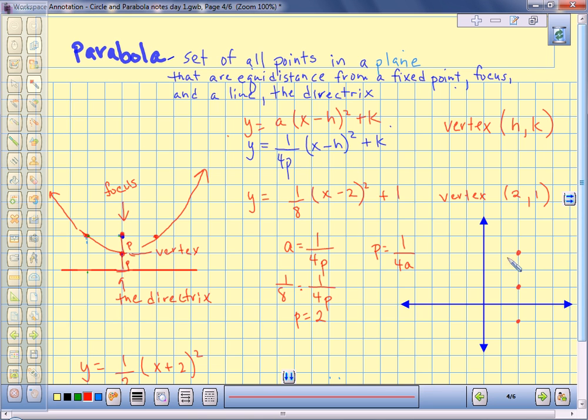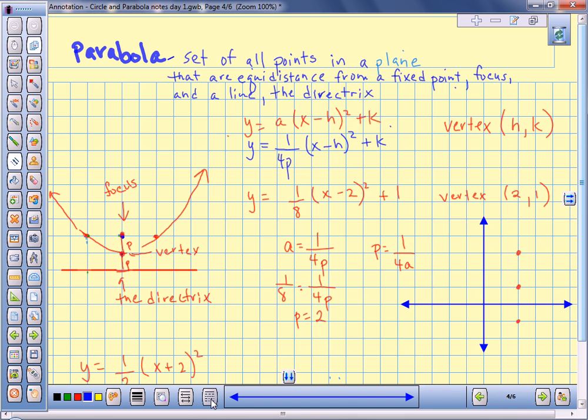All right, so now we're going to draw in the directrix. This is my horizontal line for our directrix. Now, let's go back and look at this. This is a different parabola, but it is drawn to scale here. This is 1 and 1.